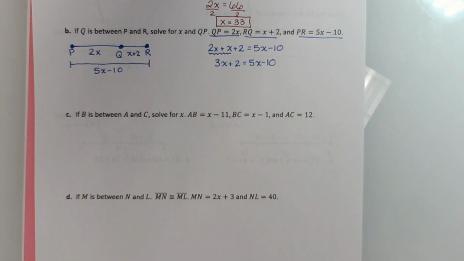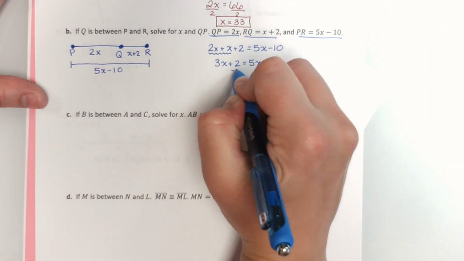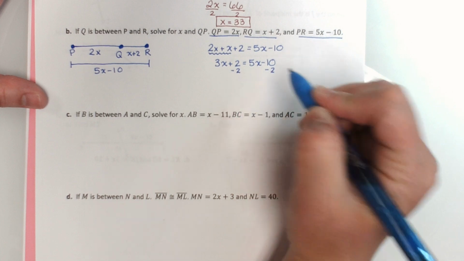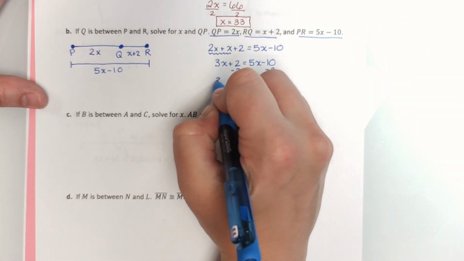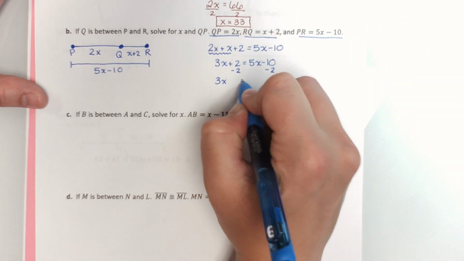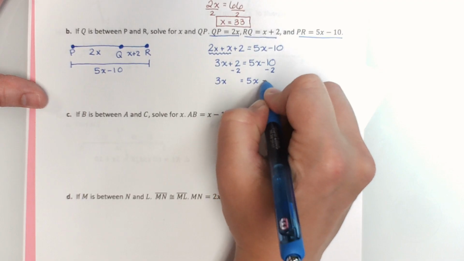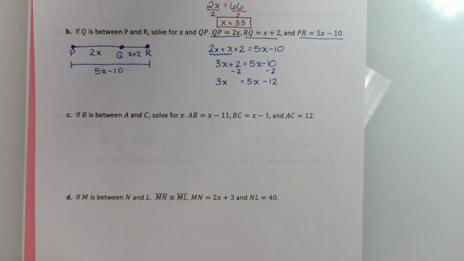Dylan, where would I go next with it? We can subtract the 2 next. I'll be honest, it's not the choice I would have made, but it works just fine. There, now what?